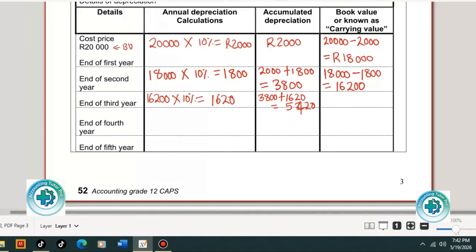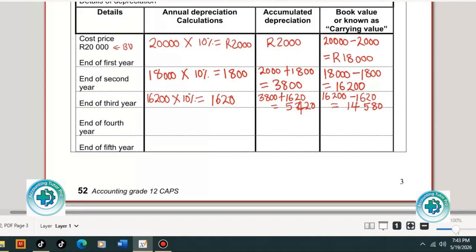Then to calculate the book value at the end of the year, we take the book value at the beginning of the year and subtract the depreciation you have already calculated, which is 1,620. This is going to give you the book value of 14,580 if you do the subtraction.